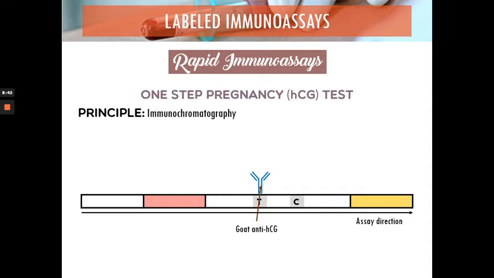It is derived from a goat, meaning the manufacturers inject the goat with HCG so that the goat will produce antibodies to HCG, because HCG in the goat's body serves as an antigen.